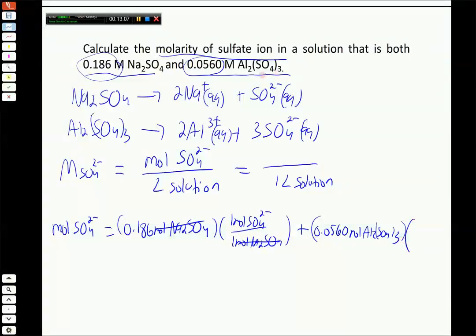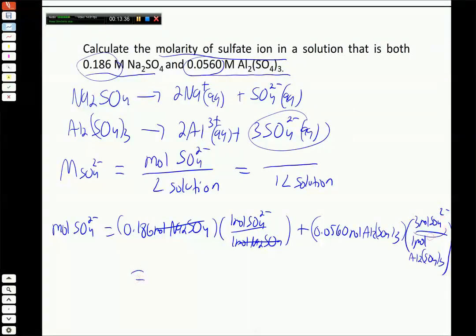And that part is going to have 3 moles of sulfate per mole of aluminum sulfate. So this again, 3 sulfates in Al2(SO4)3. You're basically going to take the first molarity, and that gives you the moles of sulfate that comes from sodium sulfate, and then the molarity of aluminum sulfate you're going to triple to get the moles of sulfate that comes from that.